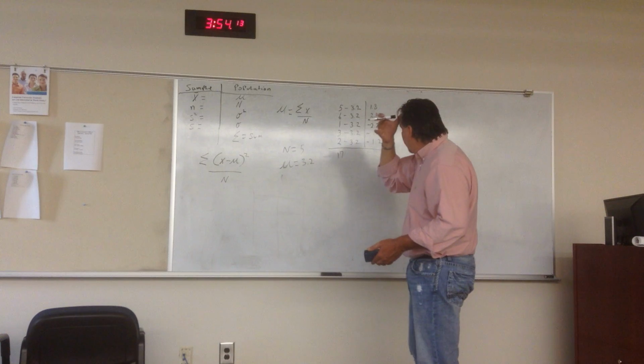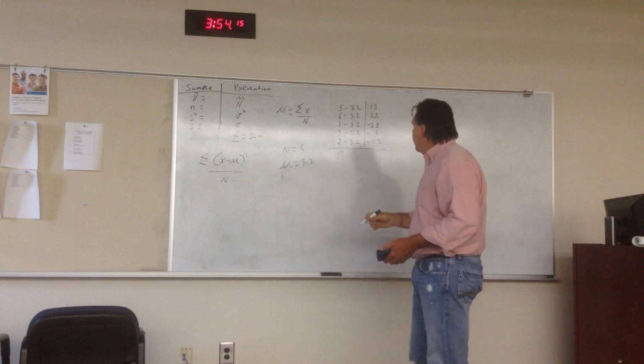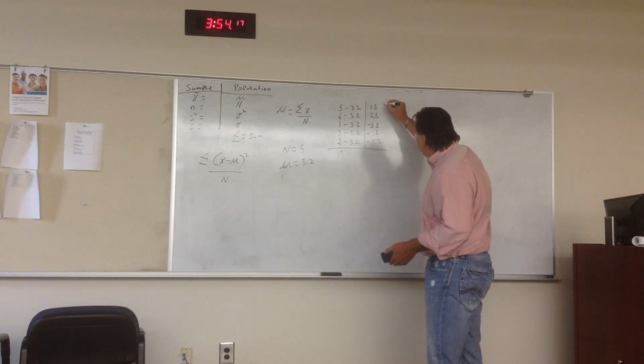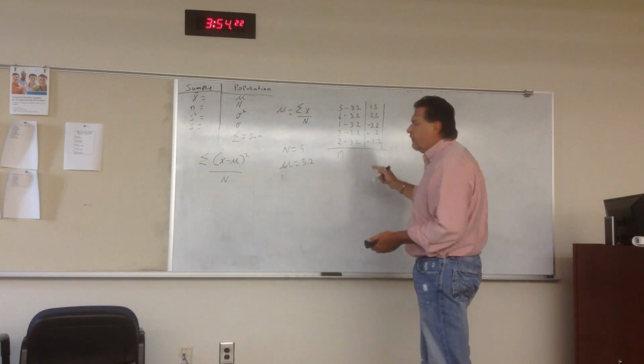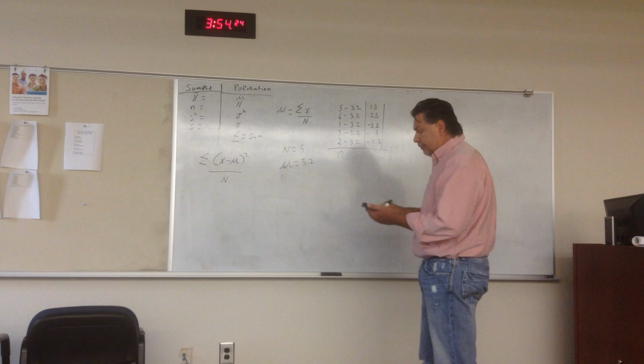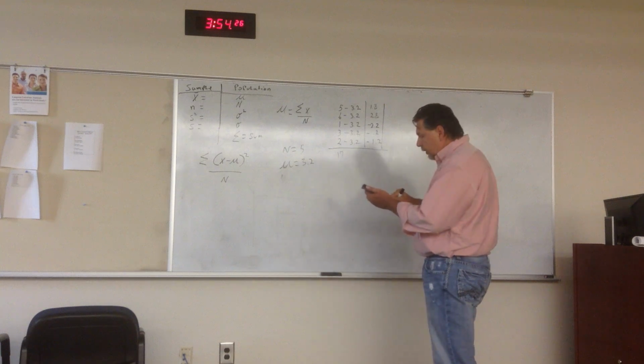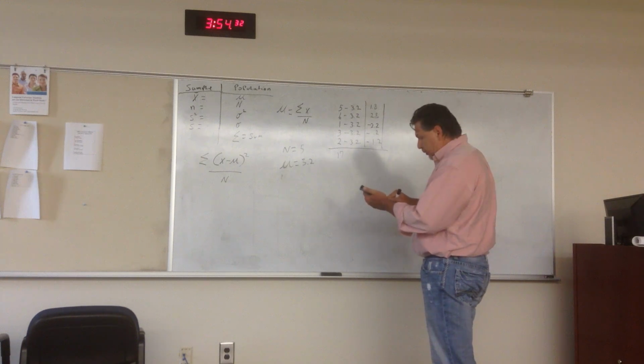So I want to sum these up so I'll know exactly if I've done this correctly. And if I did, I'll get a 0 right here. So I'll take 1.8 plus 2.8 plus a negative 2.2 plus a negative 0.2 plus a negative 1.2.